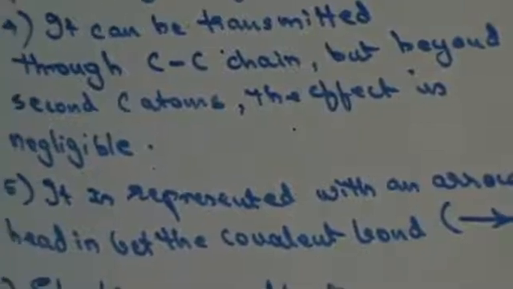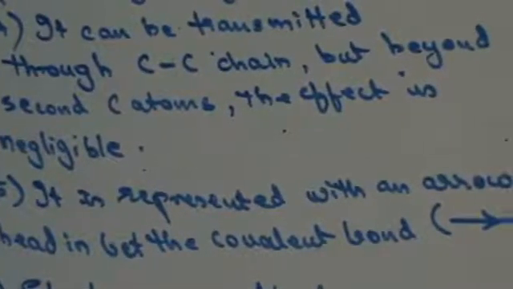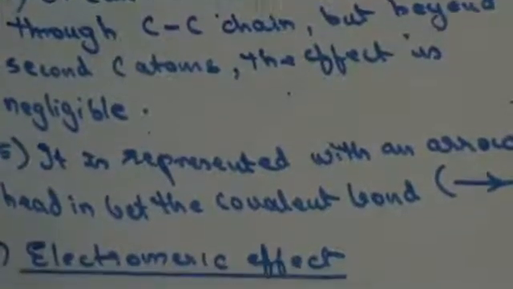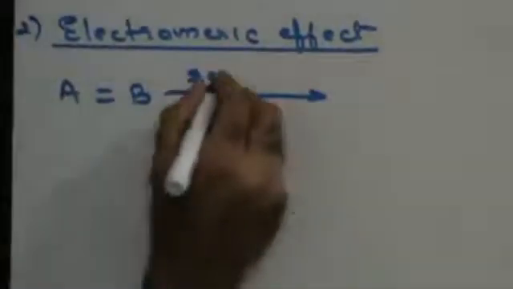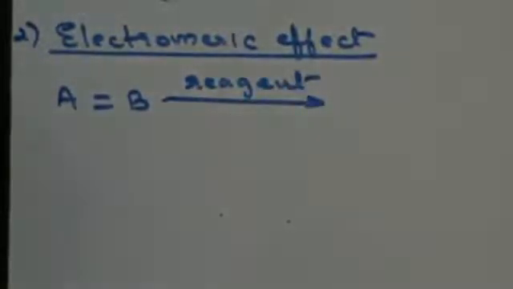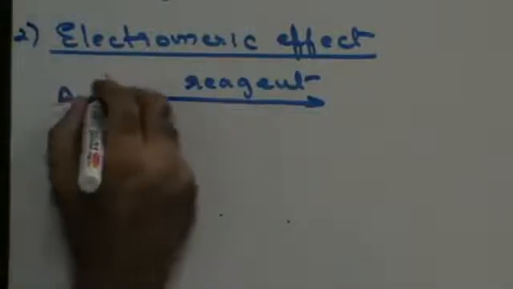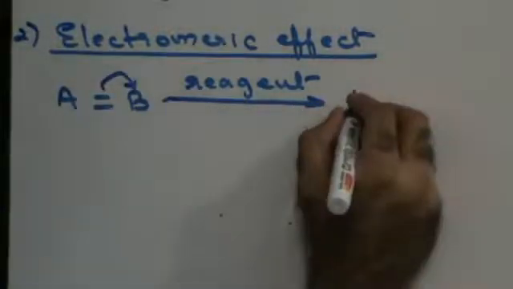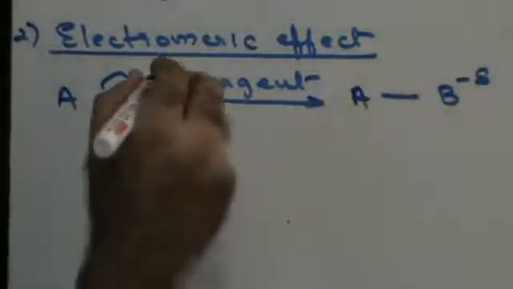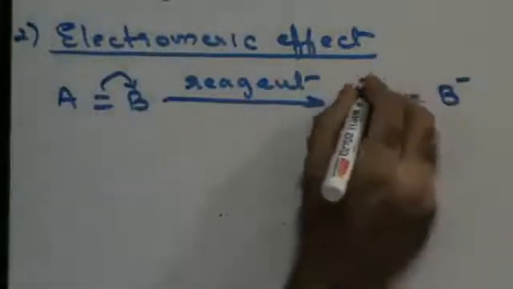Let's assume that I have a sigma and a pi bond, a double bond between A and B. In the presence of a suitable reagent, the electron pair from the pi bond shifts completely to one of the atoms and away from the other atom, and hence one atom develops a negative charge and the other atom develops a positive charge.